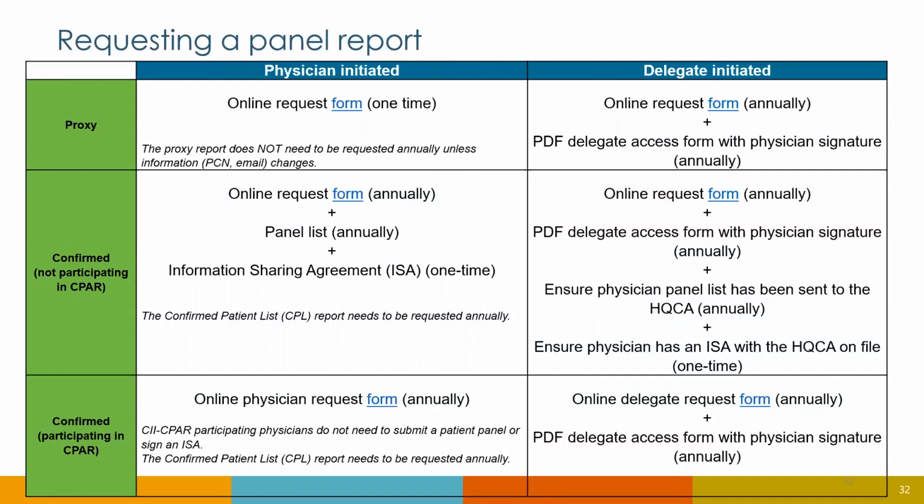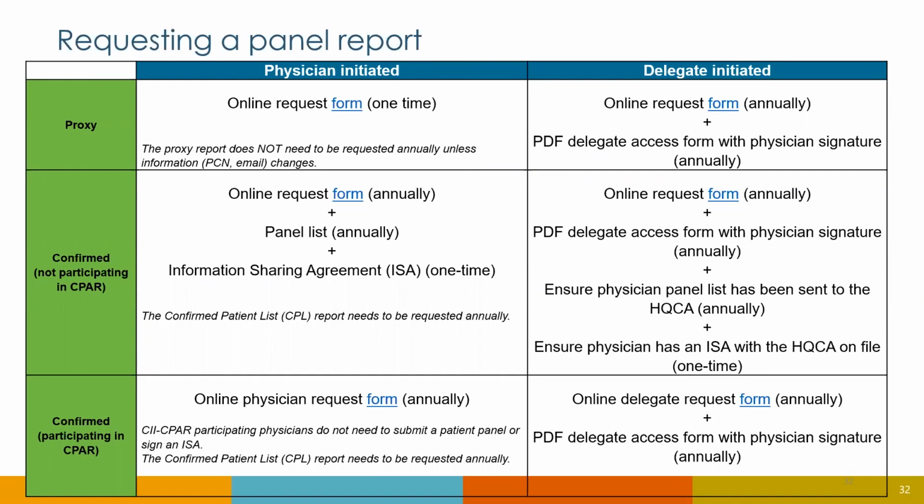So if you are interested in requesting a confirmed panel report and you're participating in CPAR, all your physician has to do, if he or she would like access, is to go to our request form, which is request.hqca.ca, and fill it out with name, prac ID, email address, and they would do this annually for every year they want a CPL report.